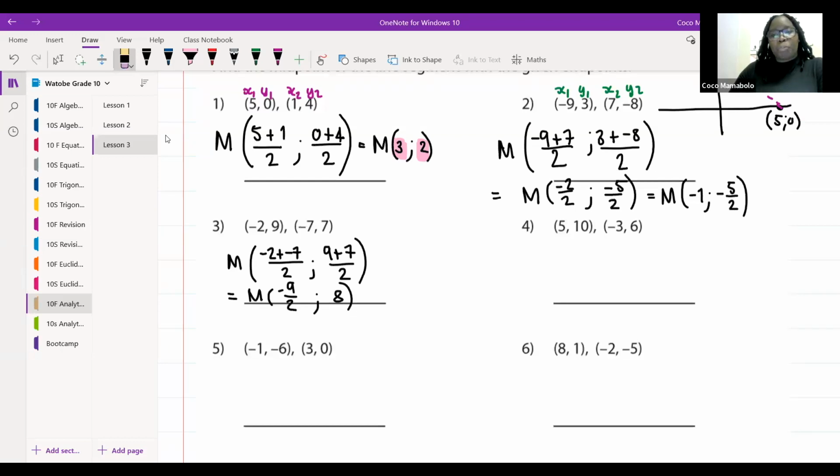Ma'am, I think I'm just a little lost. Not fully, I understand the midpoint theorem and everything. So like you said, we label them as x1, the first coordinate that you give us, x1 would be -2, then x2. Then the 9 would be y1, and the 7 would be y2, of course. Yes, exactly.